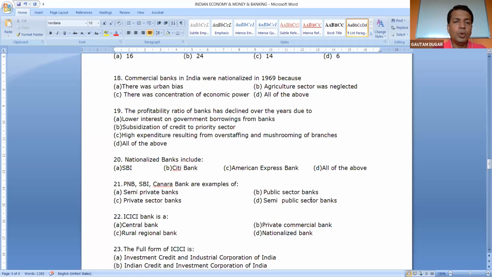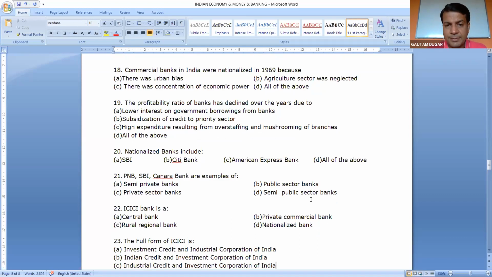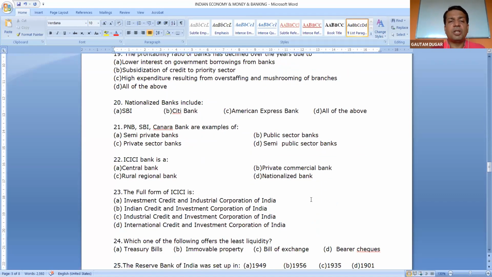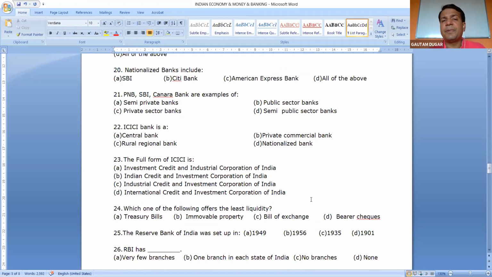Nationalized banks include obviously SBI. Citibank and Amex are not nationalized banks. PNB, Punjab National Bank, SBI, Canara Bank are all examples of public sector banks. They're all PSU banks. ICICI Bank is a private commercial bank.